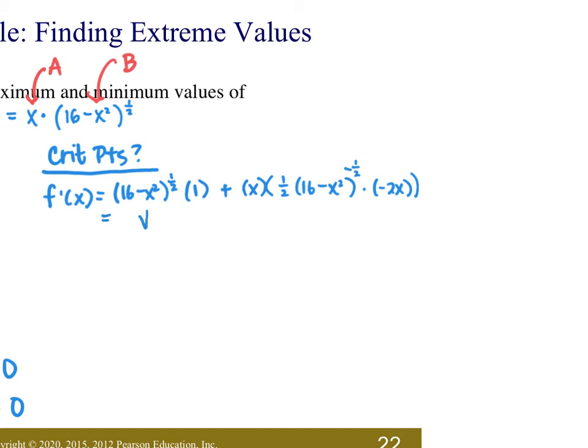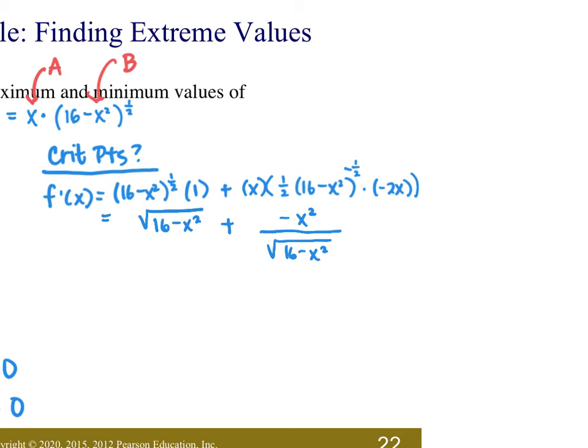So this is the square root of 16 minus x squared plus, all right, all of this combines. We've got the square root of 16 minus x squared in the denominator, and the numerator is -x squared.